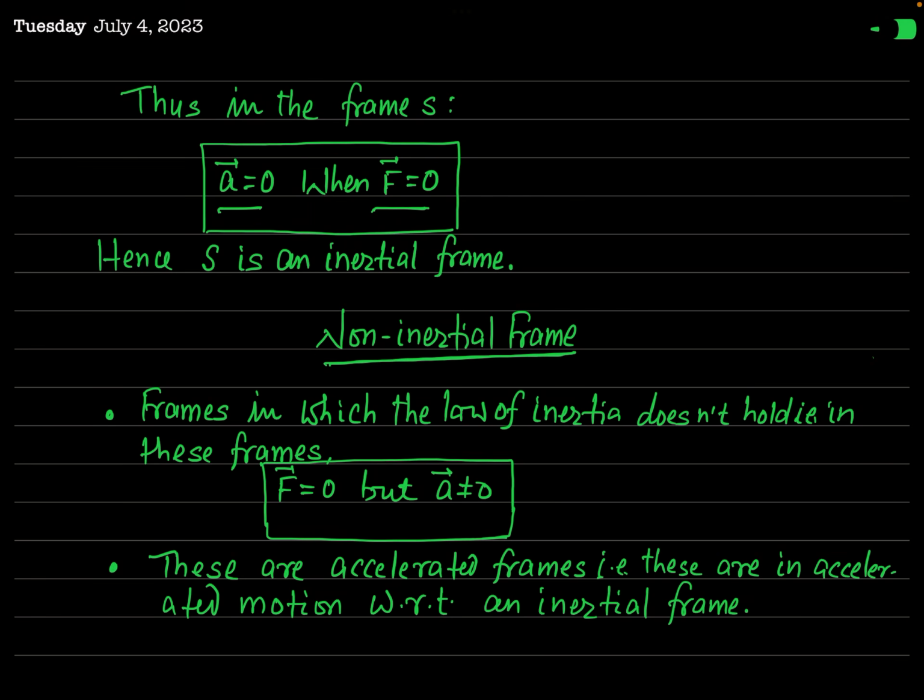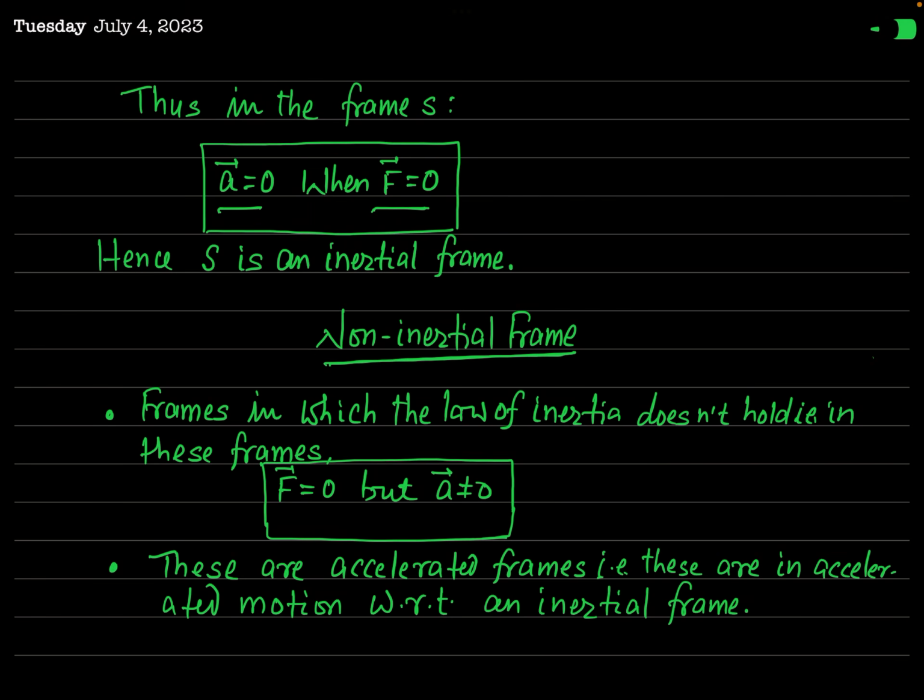It means what you have told in case of inertial frame, now you should say those statements in just the opposite manner. Start from the beginning. You have told that inertial frames are those frames in which Newton's first law of motion holds. When you talk about non-inertial frame, what will you say? You will say that non-inertial frames are those frames in which Newton's first law of motion does not hold.